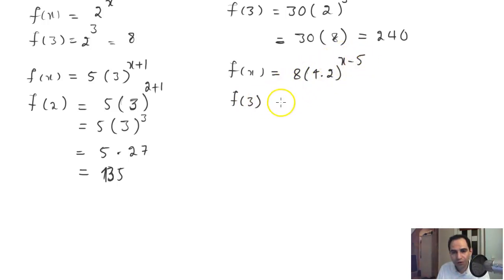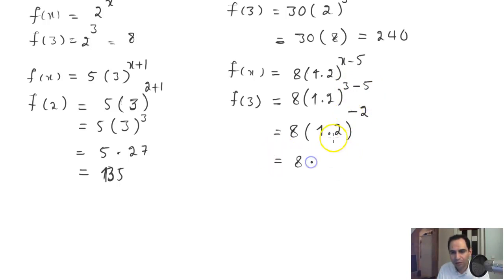First of all, you substitute 3 for x. So here you have 8 times 1.2 raised to the power 3 minus 5, so 3 minus 5 gives 8 times 1.2 raised to the power negative 2. And this is equal to 8 times 1 over 1.2 raised to the power 2.